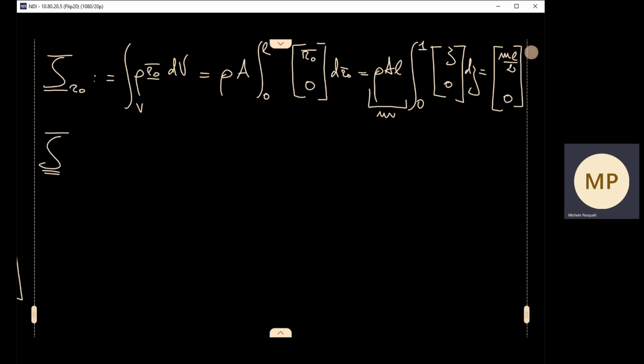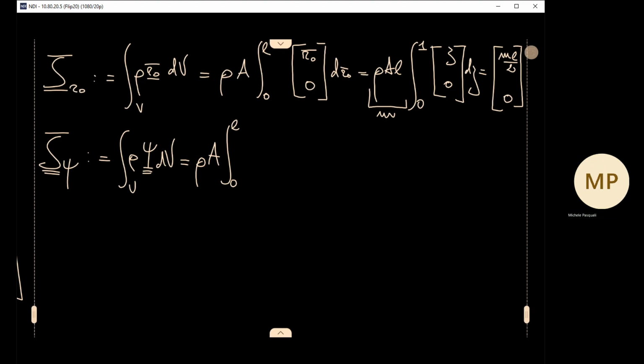And then we need the second one. If you remember, we defined it as the integral of rho psi in the V. And this is again exactly the second term that we are dealing with here. So let's calculate it. We have rho A, the integral from 0 to L of psi in the R0 over bar.